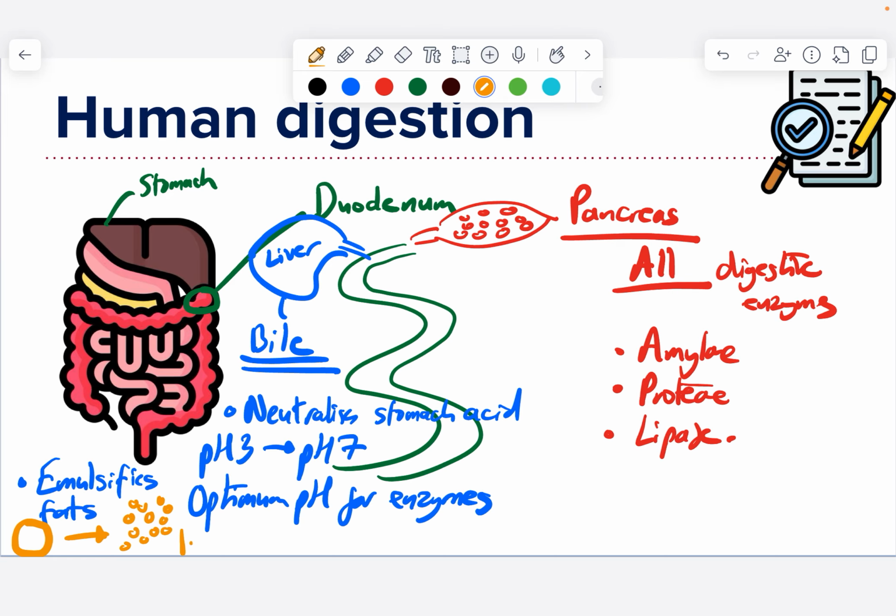The reason for that is to increase the surface area, which means there's more surface area for lipase. And then finally, all of that food or digestive material then goes into the small intestine.